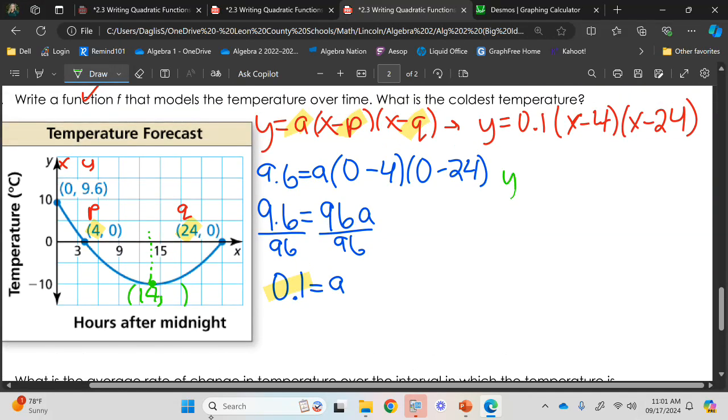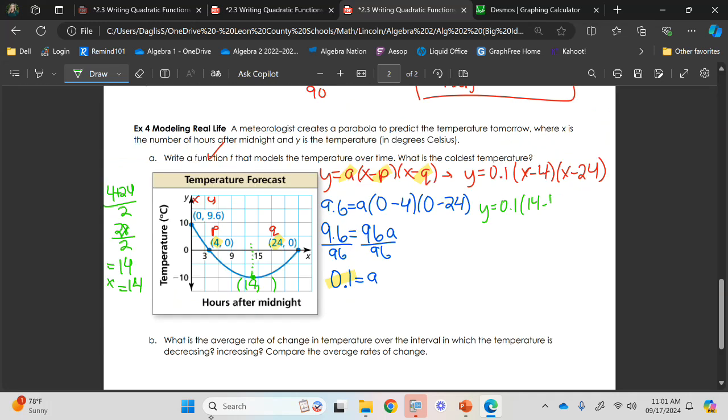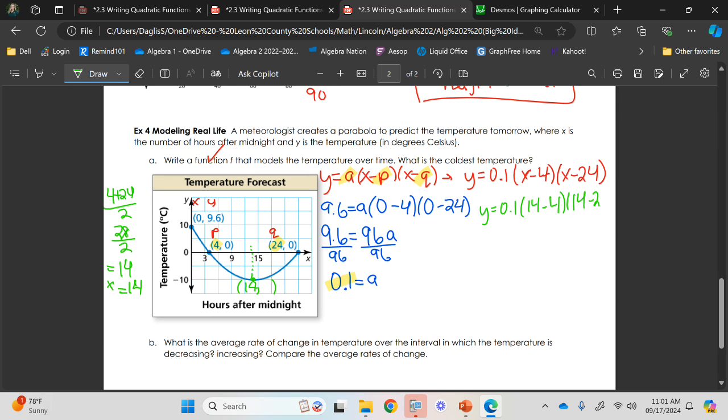So we're going to have y equals 0.1 times 14 minus 4 times 14 minus 24.